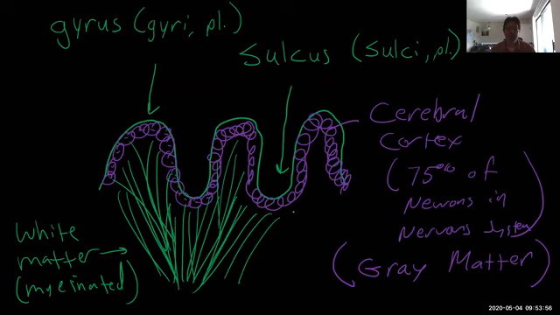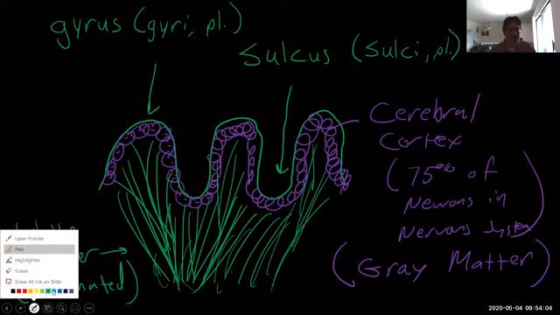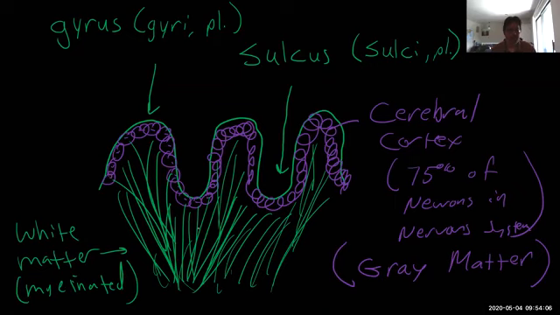Now, just a reminder, as we start looking through the brain, in some areas, let's say this is all white matter, you will have a cluster of cell bodies all packed together inside the white matter, like this. So you're going to see these little dark spots. There's a dark spot. There's a dark spot.